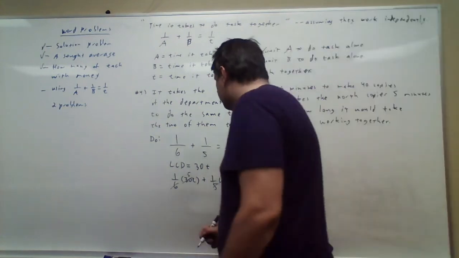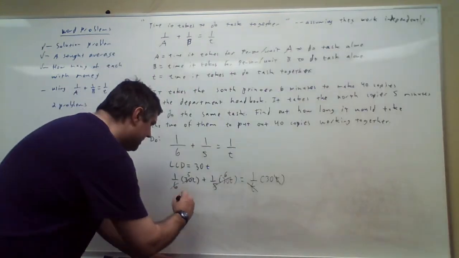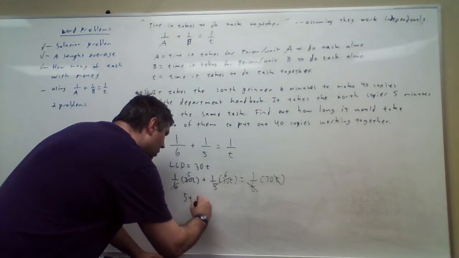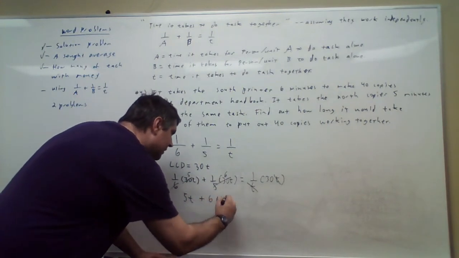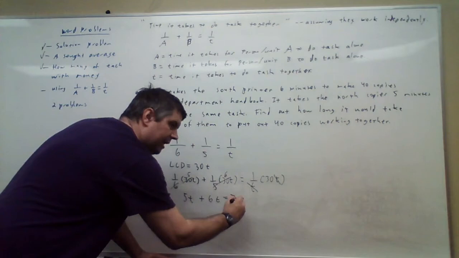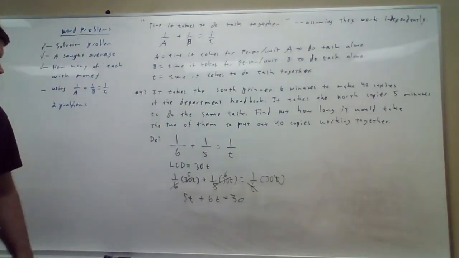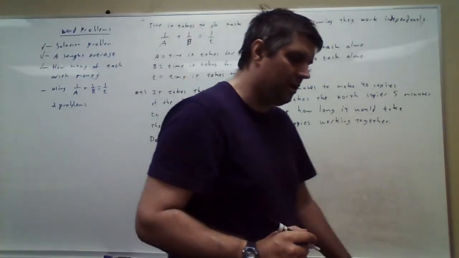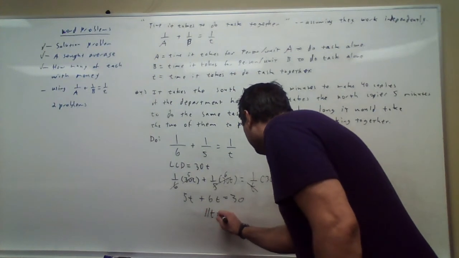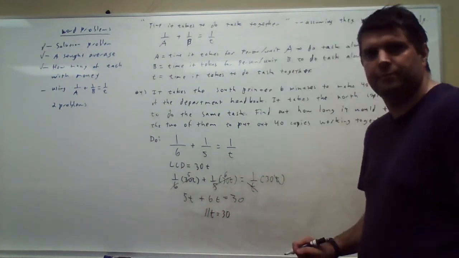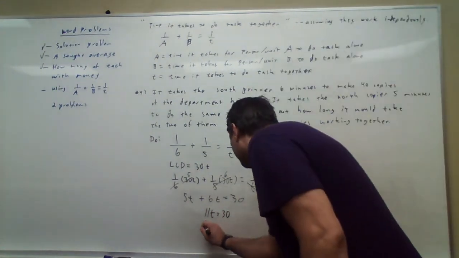Okay? So 1 times 5T is 5T. 1 times 6 is 6 times the T. And 1 times 30 is 30. Okay? Combined, this is 11T equals 30. Divide off the 11.